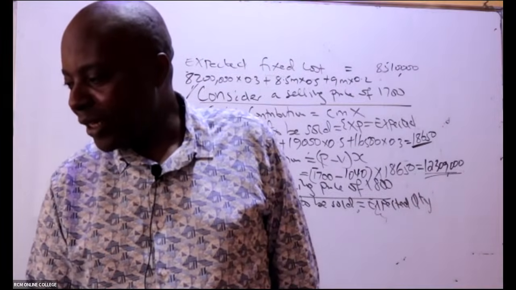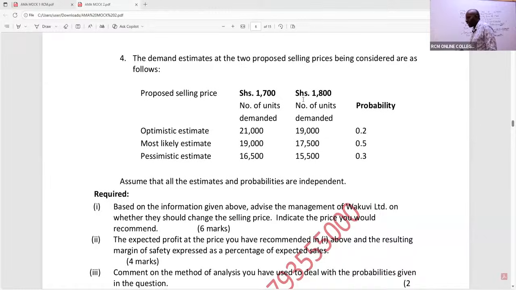Let's go ahead and get the expected quantity for 1800. So for 1800, what will be the expected? I can see the column of 1800. The probabilities are the same. So it will be 1900 times 0.2 plus 17,500 times 0.5 plus 15,500 times 0.3.